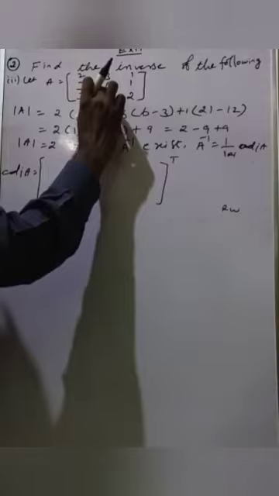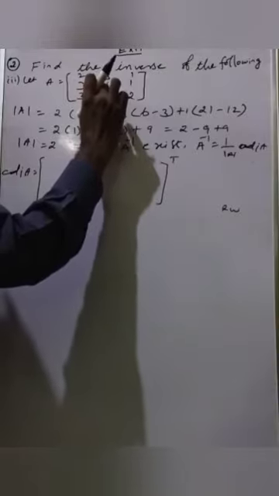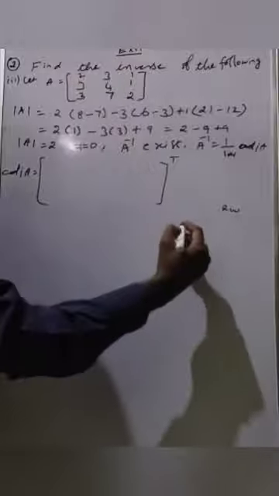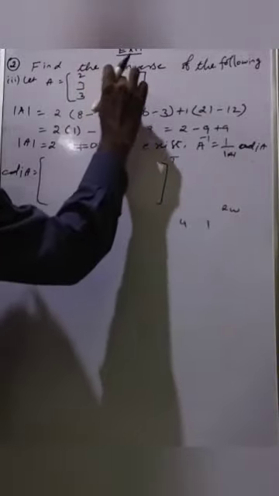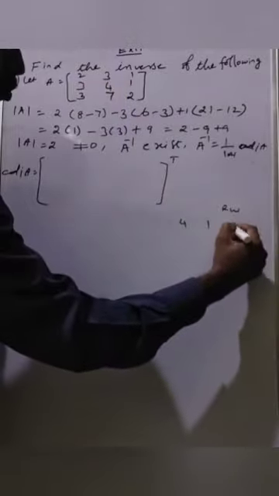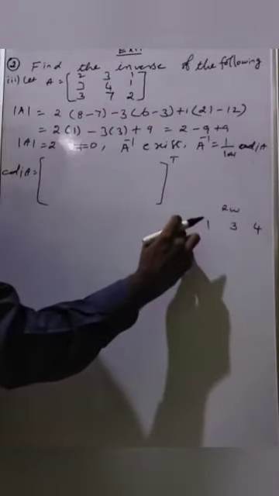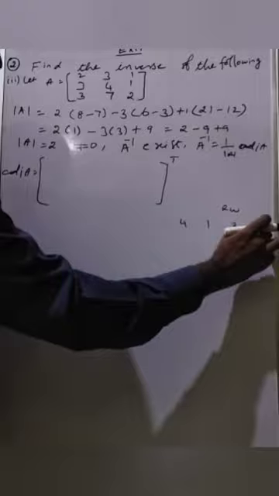Here 4, second row, we see that second row, second column, 4, start with that: 4, 1, 4, 1, 3, 4. What you start then, that we finish.